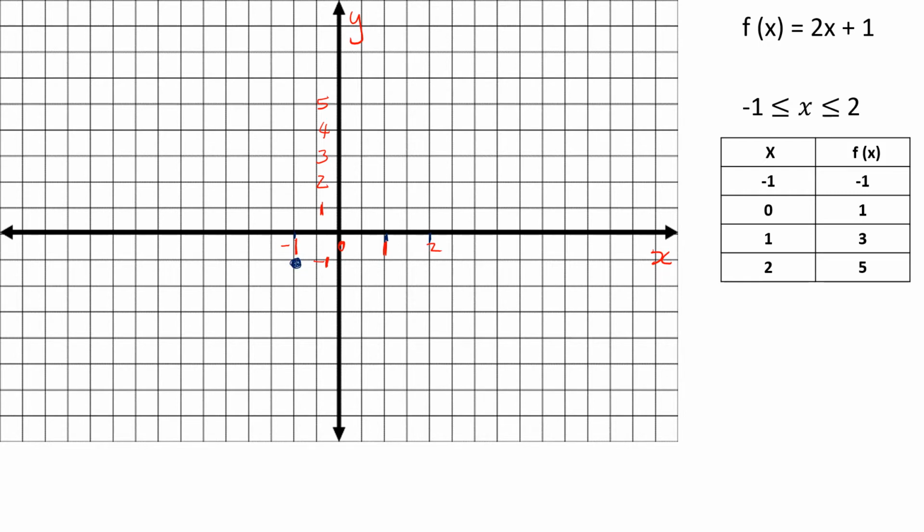Then we have 0. When x is 0, y is 1. So that will be here. And remember, you see this 1 here? That is our y-intercept. The function told us that before we actually even worked it out. Good? Then when x is 1, y is 3. And I hope you all have seen the line already. Because remember, it's a linear equation, so we're supposed to get a line.